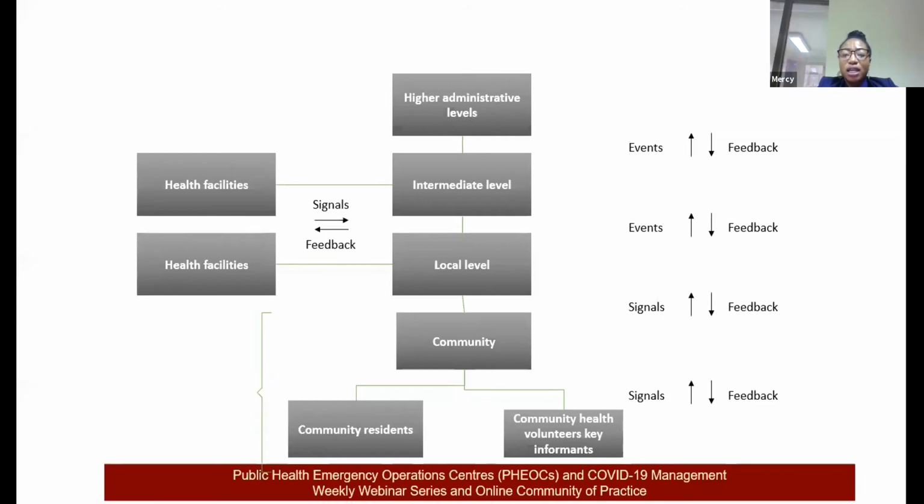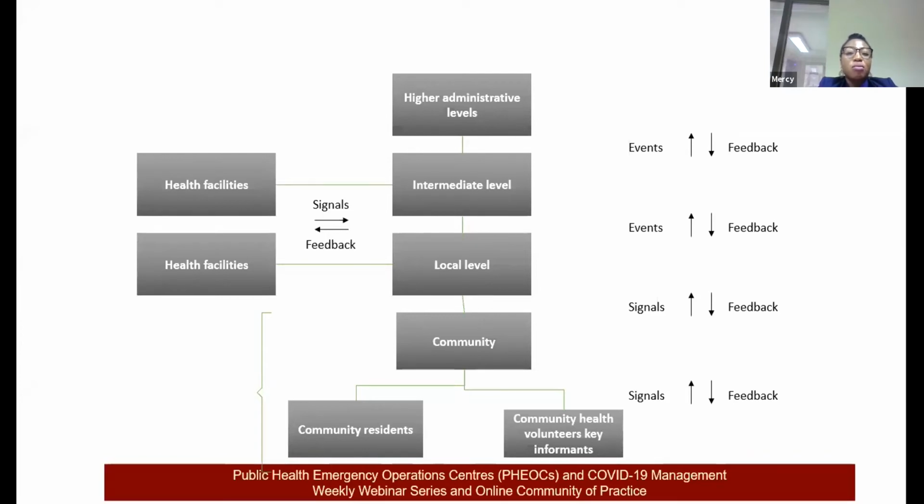And for event-based surveillance, we are not advocating for the institution of a new structure. We actually advocate that information follows the same channels that have been set up in the country and adopted. So it follows the same procedure. The community health volunteers detect the signals at the community level, and they report maybe to the community supervisors, usually attached to health facilities. And these in turn report to the local level, that's the district.